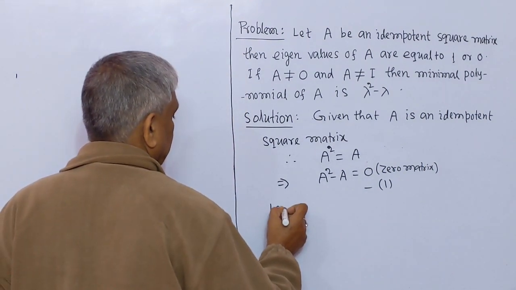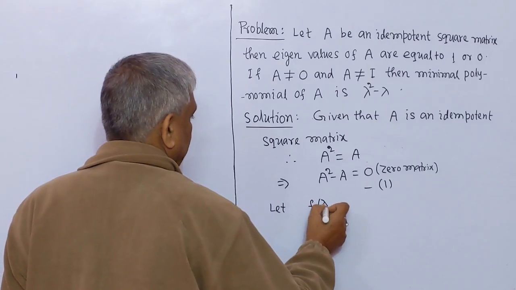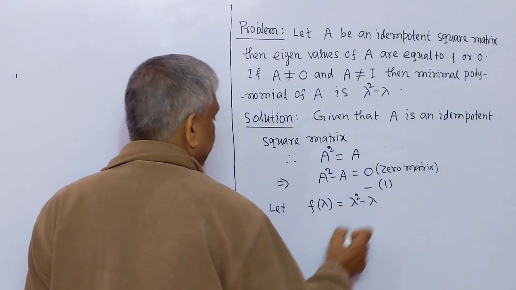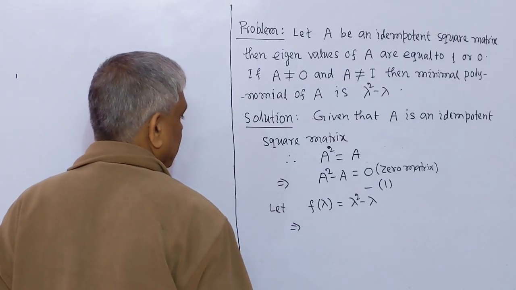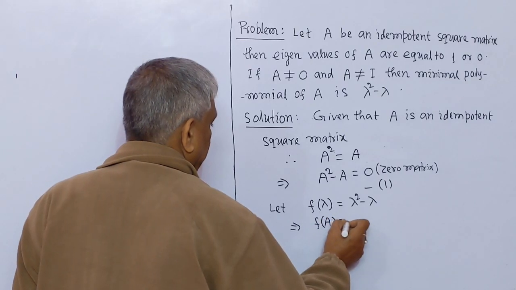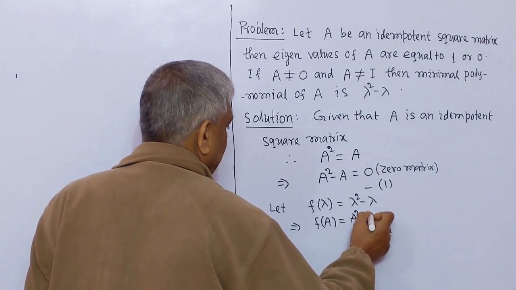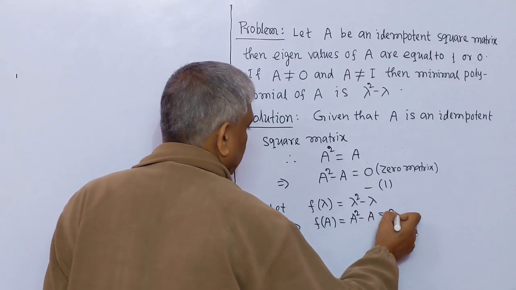Let f(lambda) equal lambda square minus lambda, which implies that f(A) equal to A square minus A, and by using 1 we get 0 matrix.